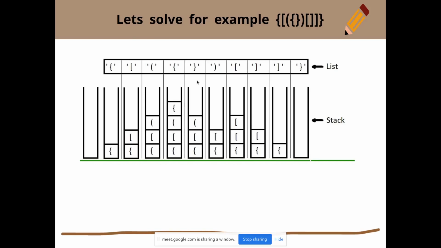Similarly, this element got popped, and then this element got popped. The next element present is this one, and when I visit it, again it will get popped. Again this element, since it is a left bracket, will be pushed on the stack. So at the end, our stack should be empty.